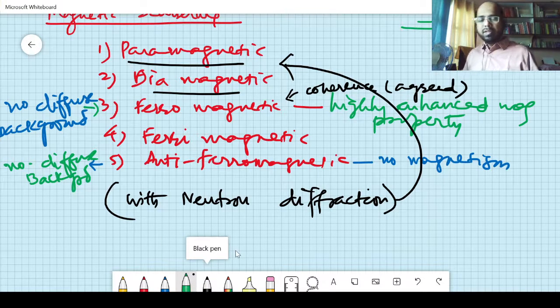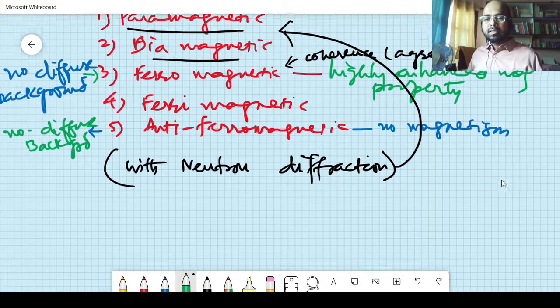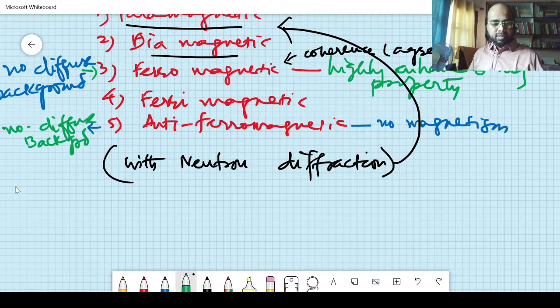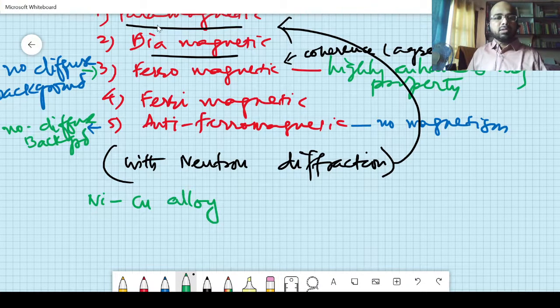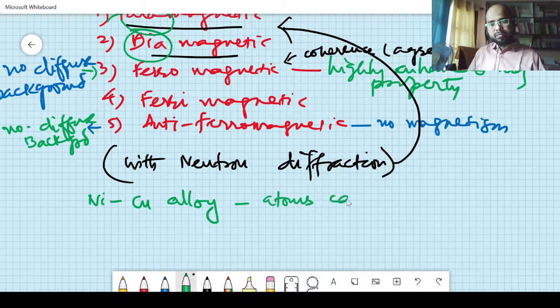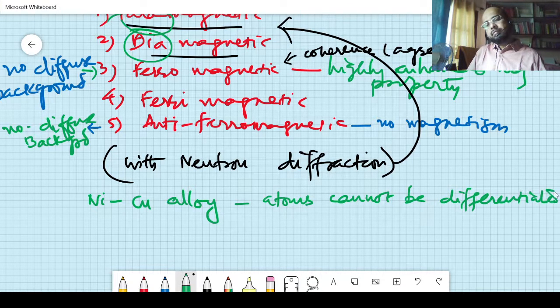So for example, in a NiCu alloy, nickel copper alloy, you will have some diffuse background with diamagnetic and paramagnetic substances. In nickel copper, the atoms cannot be differentiated by X-rays.